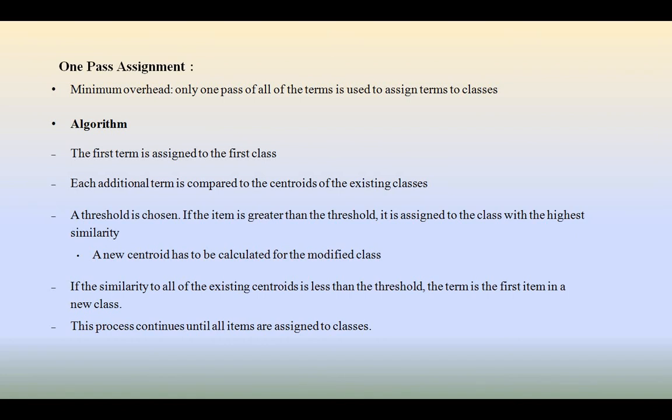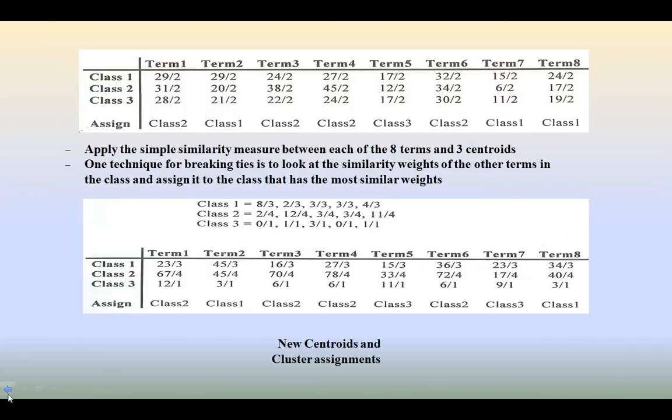Okay, instead of rechecking all the items, we have to check only once whether according to the threshold it is greater or not. Based on the threshold, you can assign the values. Okay, so this is one pass assignment. So this is nothing but clustering using existing clusters, and how it can be done is based on these two diagrams.